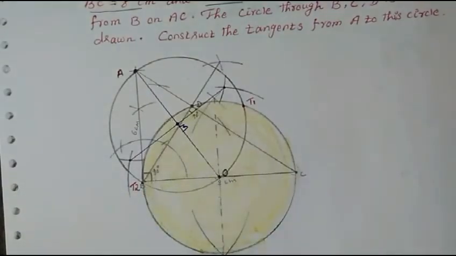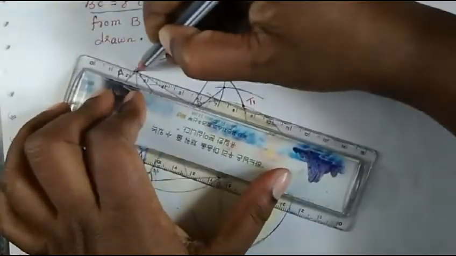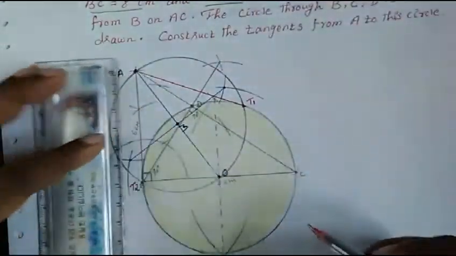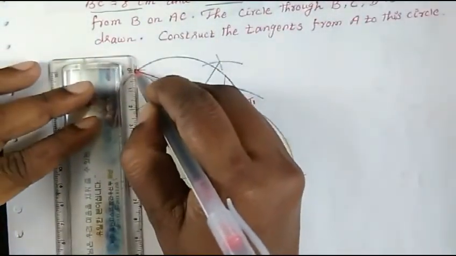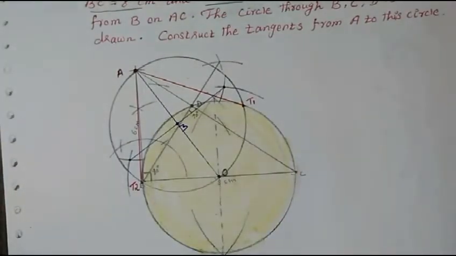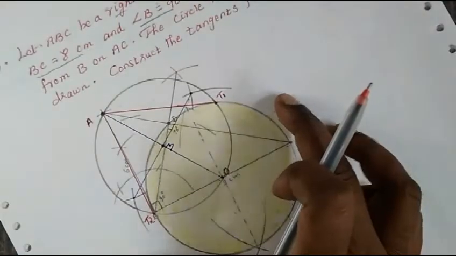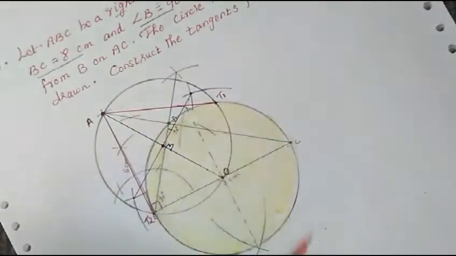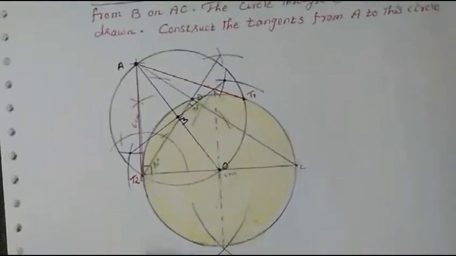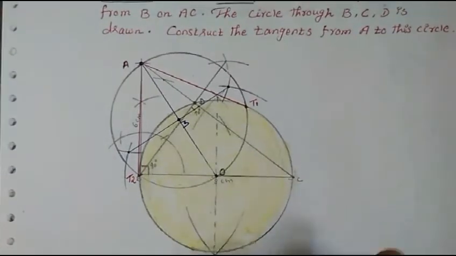So let's join now A with T1 and A with T2. You see, now we have completed. This is the original circle and we have drawn the tangent from point A to the circle, and this circle is passing through B, D, C. So I hope it is clear to you.